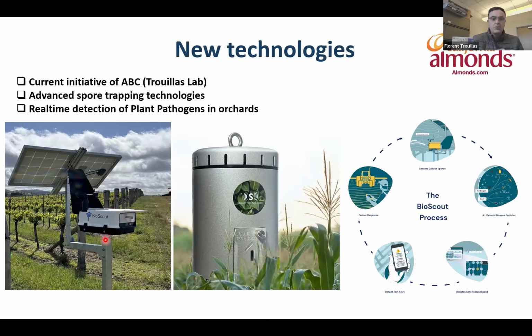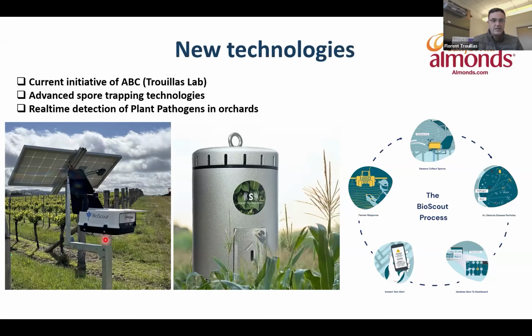And so these are new spore trap technologies that are equipped with inserted microscope tools that have the capacity to read a tape that is mounted within those spore traps. And so the idea is to validate this advanced technology with the idea that eventually, some years down the road, we could use this type of device as an IPM tool, a decision support tool, allowing growers to monitor live how many spores are present in the air within the orchards, and receive an alert on the phone, really monitoring the fungal pathogen.